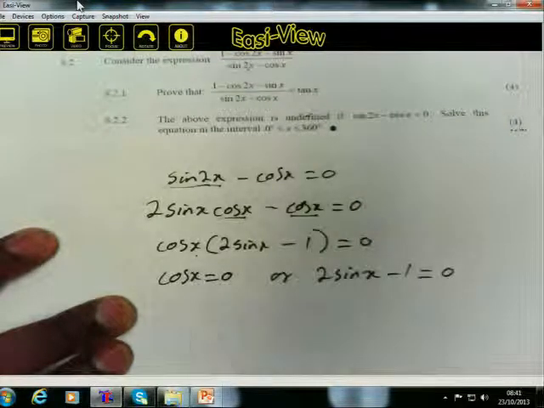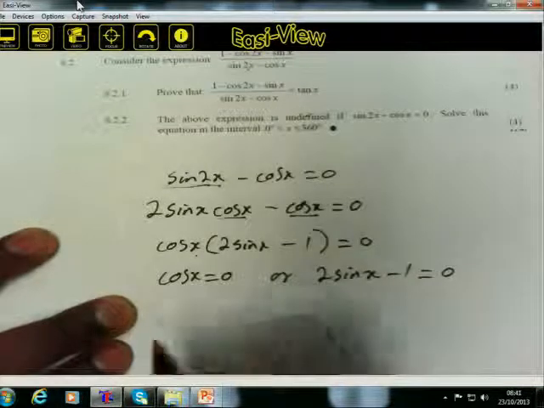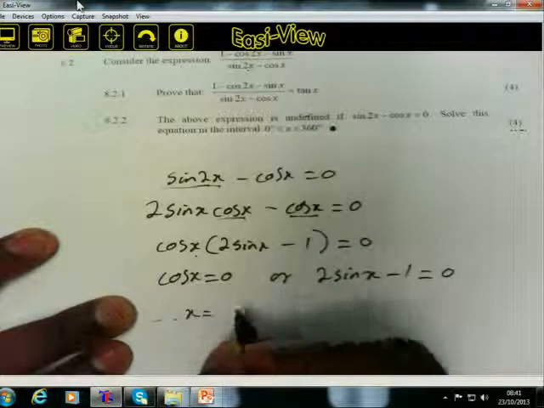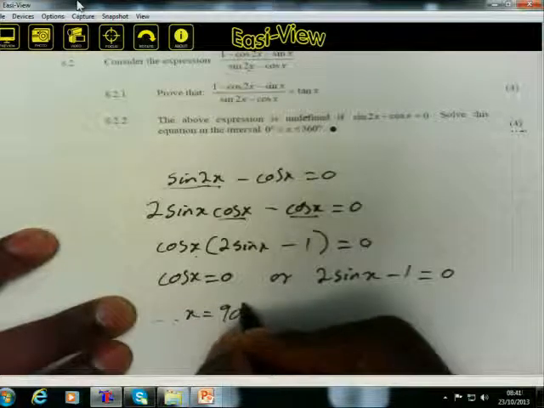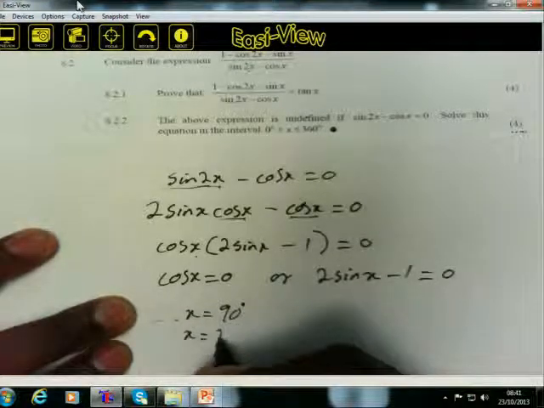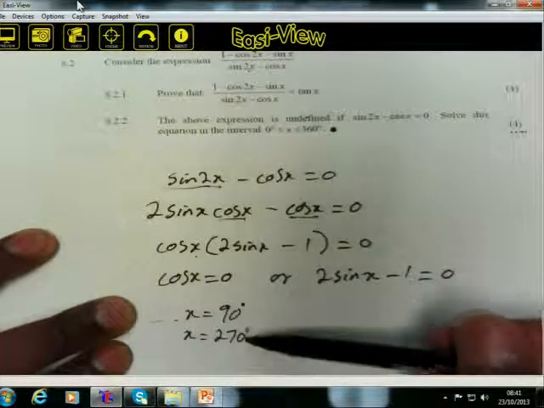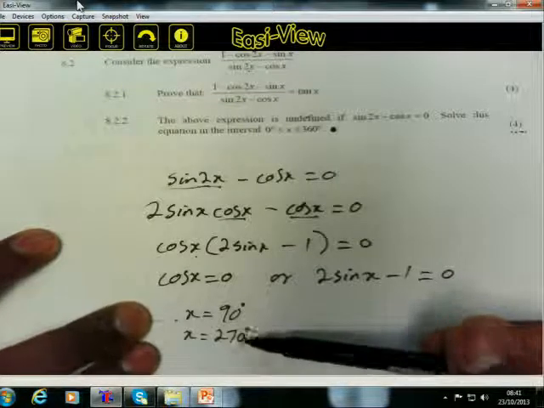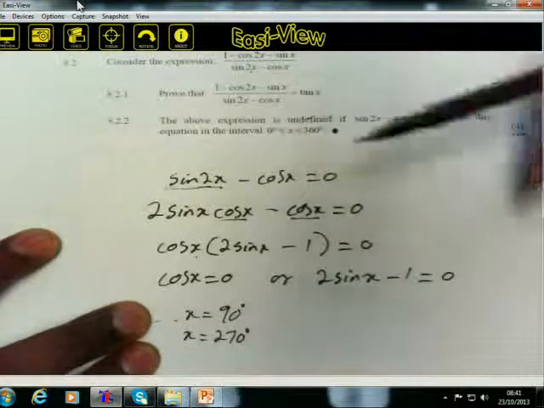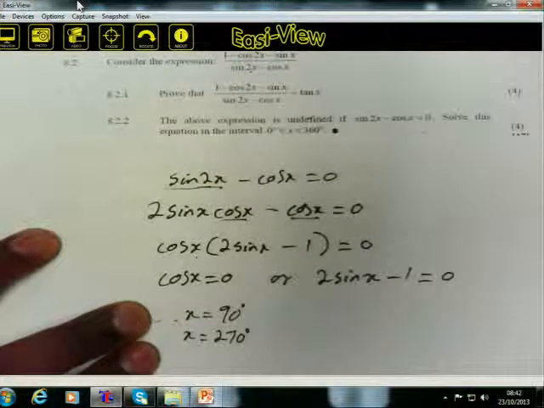So, you know, on the y-axis, cos is 0. That's why when you solve this one, it will be equal to 90 degrees, or again, x can also be equal to 270 degrees. The cos of 90 is 0. The cos of 270 is 0. And the two angles lie within this given interval. That is correct. Thank you.